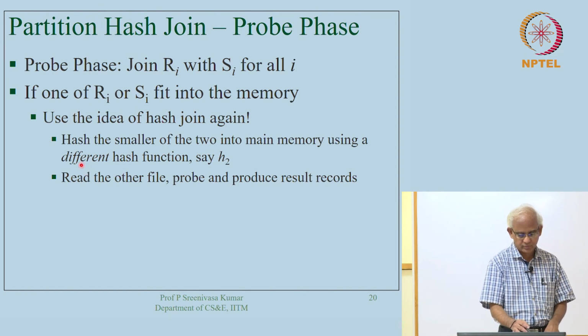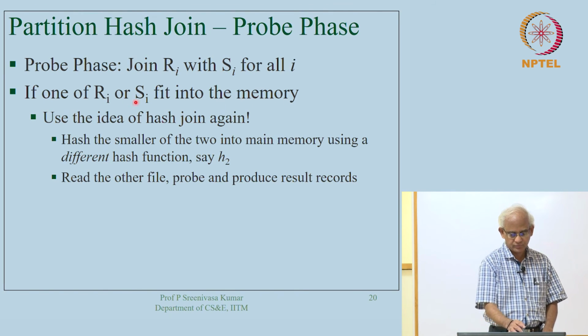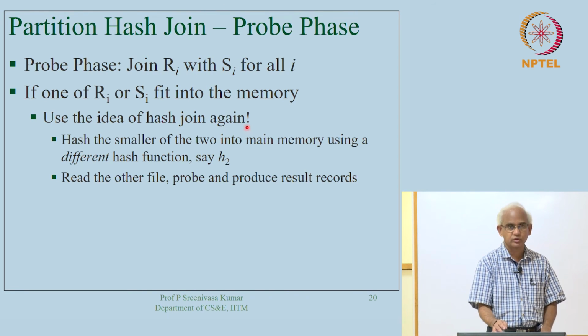So there are two cases that might arise. If one of Ri and Si fits into the memory, then in order to produce this join, we can make use of the hash join that we discussed just now.